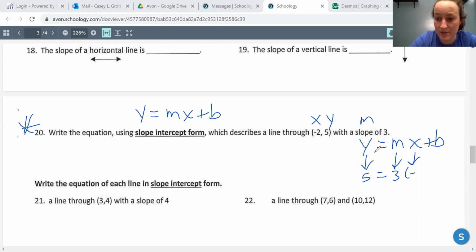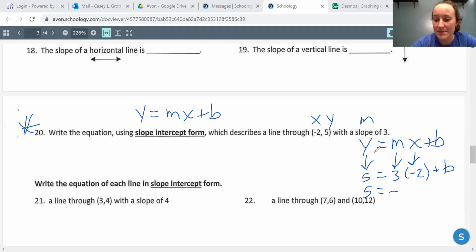X, we can substitute in the -2. B is what we're trying to solve for. This is how we set it up in our notes. But I know not all of you necessarily look back at your notes or can read your handwriting when you look back at your notes. 6th hour, I'm looking at some of you.